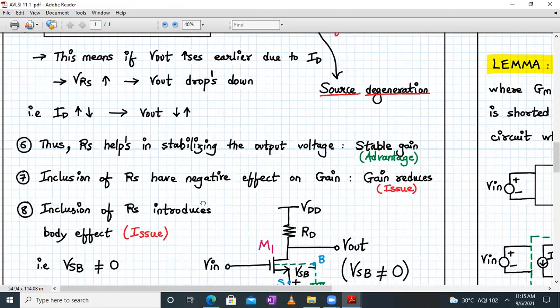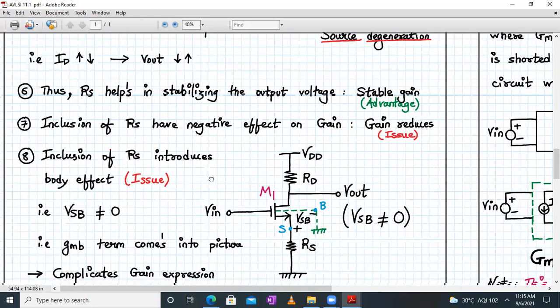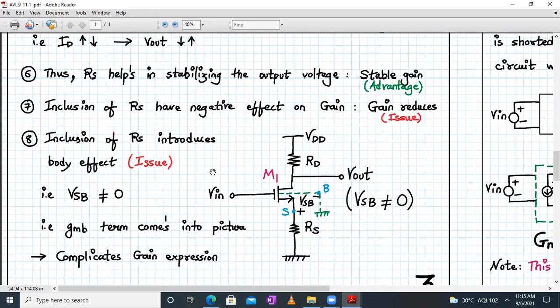Fine. So just for a summary, what is the advantage of common source amplifier with source degeneration? RS helps in stabilizing the output voltage, and hence we get a stable gain. Then we have a reduced gain, and also inclusion of RS will cause body effect, which will affect all the terms, including your gain expression, your drain current, and everything.